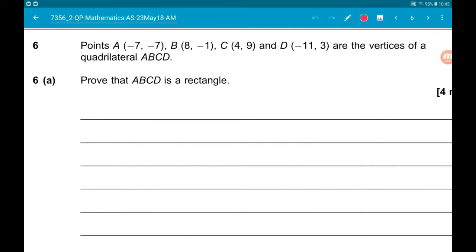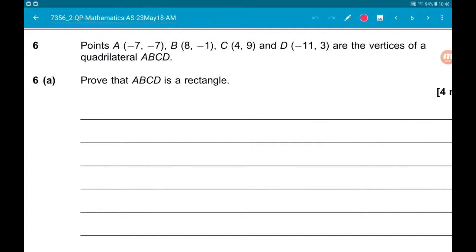We know that opposite sides are the same length and parallel to each other, and the two pairs of sides are perpendicular to each other.